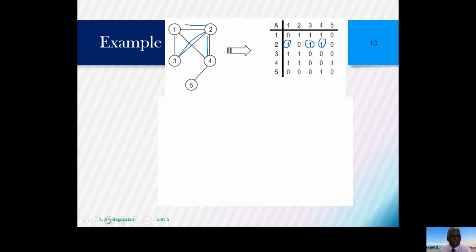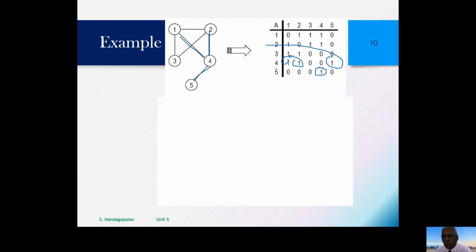Now let's take the next vertex, which is 3. You have 3 to 1 and 3 to 2, that's it. So 3 to 1 and 3 to 2 are 1, and the rest are 0. Similarly, let's take the fourth vertex, that is the fourth row. Now for 4, I have 1, 2, and 5. And from 5, I have only one connection, 4, so 5 to 4 is 1.